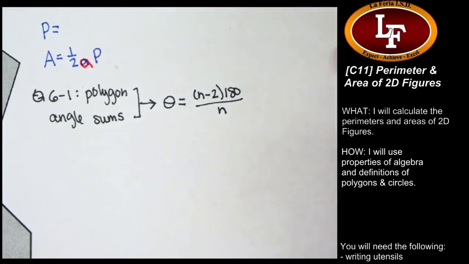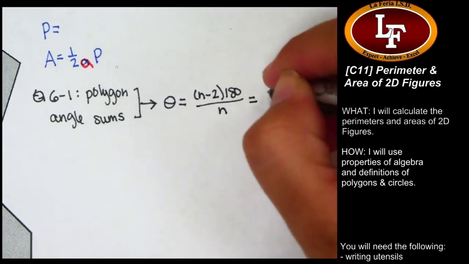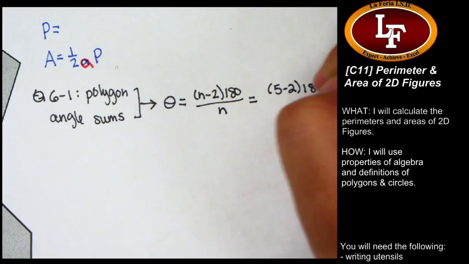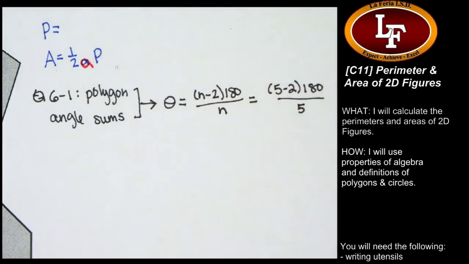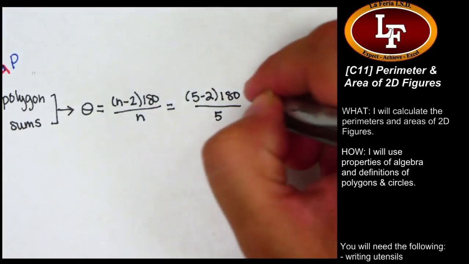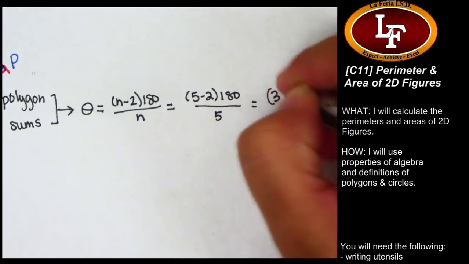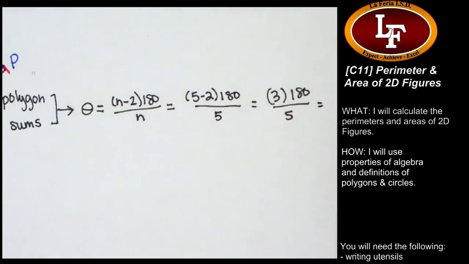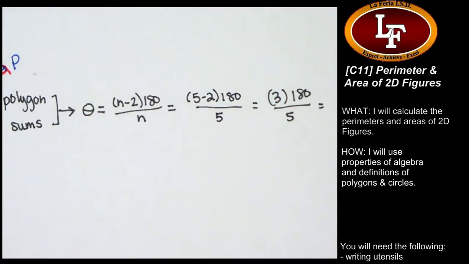And in this case, n is always the number of sides in the polygon that we're looking at. So here is the substitution. Here is one part of the calculations. I've just subtracted 5 minus 2.